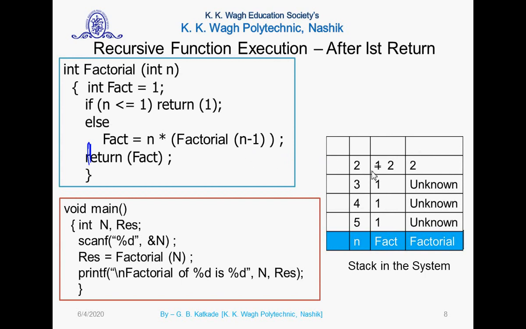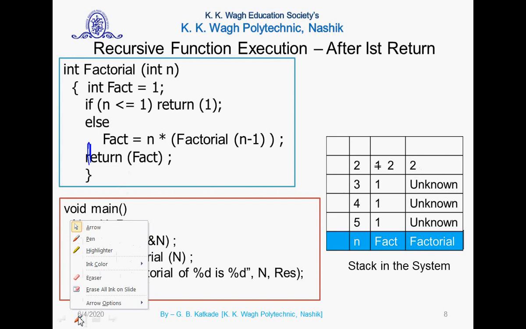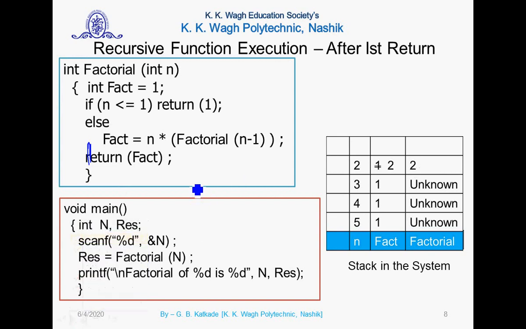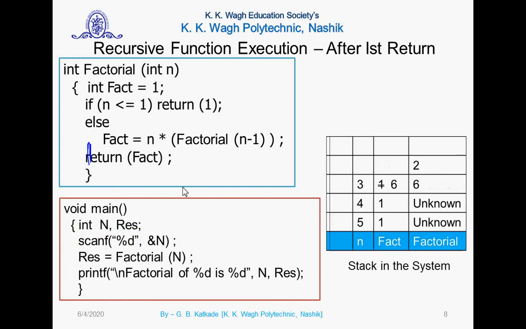So 1 into 2 gives 2, which is the value for fact, and the return value for factorial will be 2. This is not completed yet. Another frame is there, with n equal to 3 and fact equal to 2 used there. So we get fact equal to 6, and the return value is 6 for the factorial.